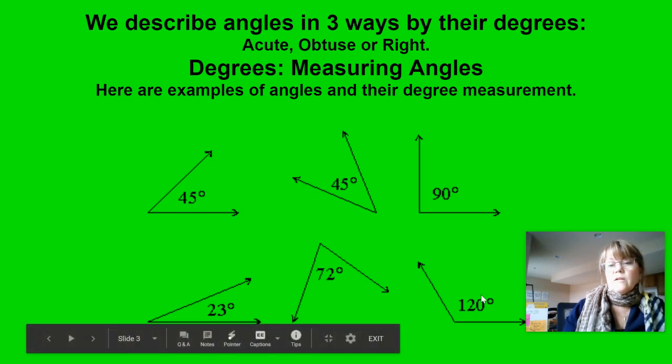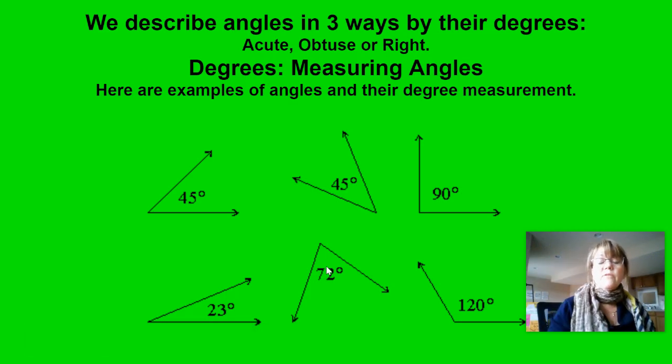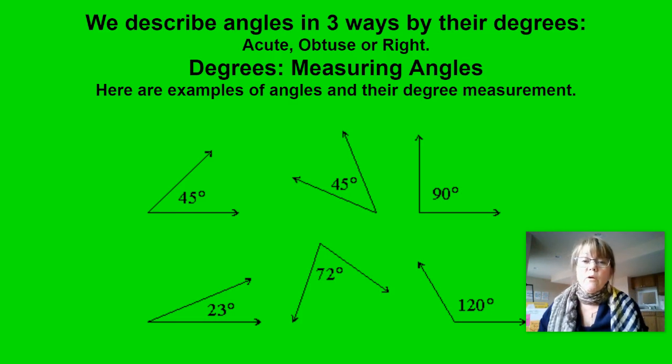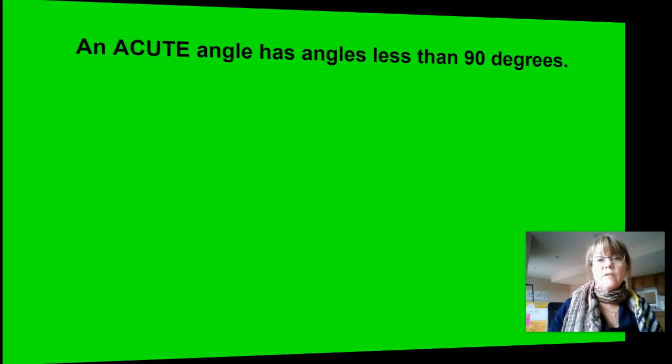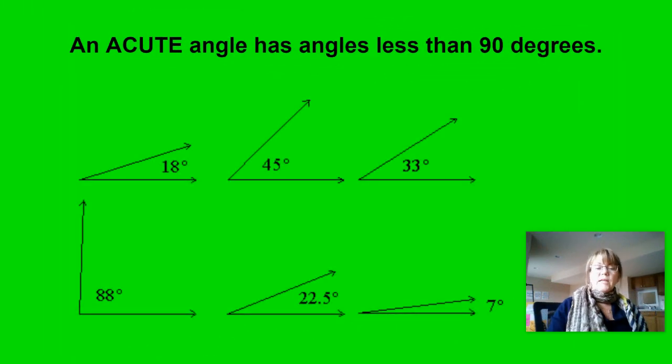And then this one here is showing between those two rays 120, 72, and 23. Now, this comes from a circle is made up of 360 degrees. So we know that that is how we are going to measure our polygons. And polygons have angles, they have vertices, and we need to understand those.